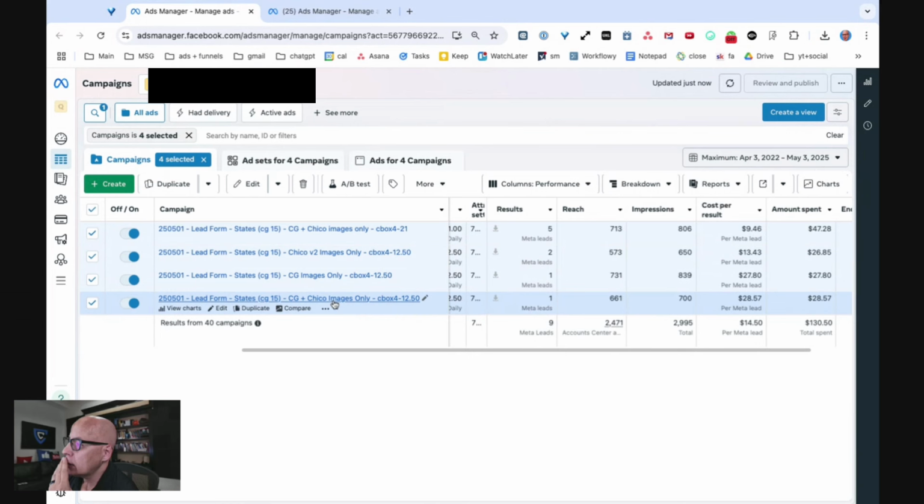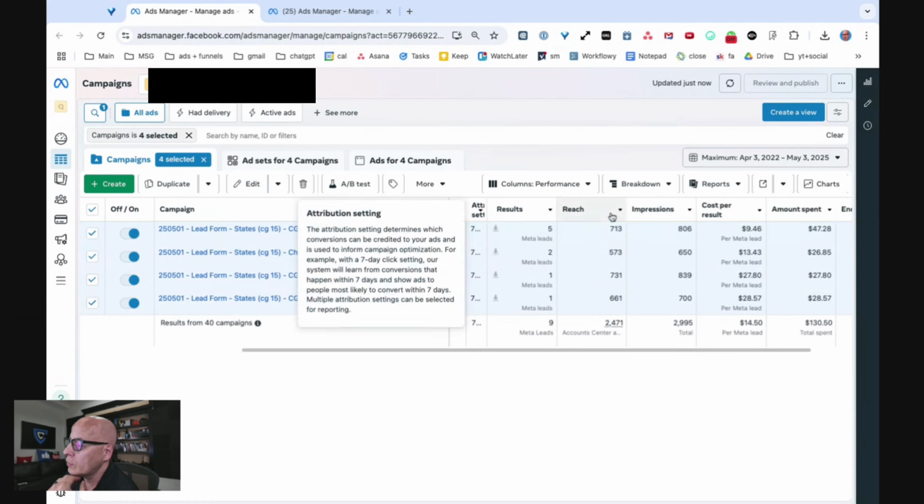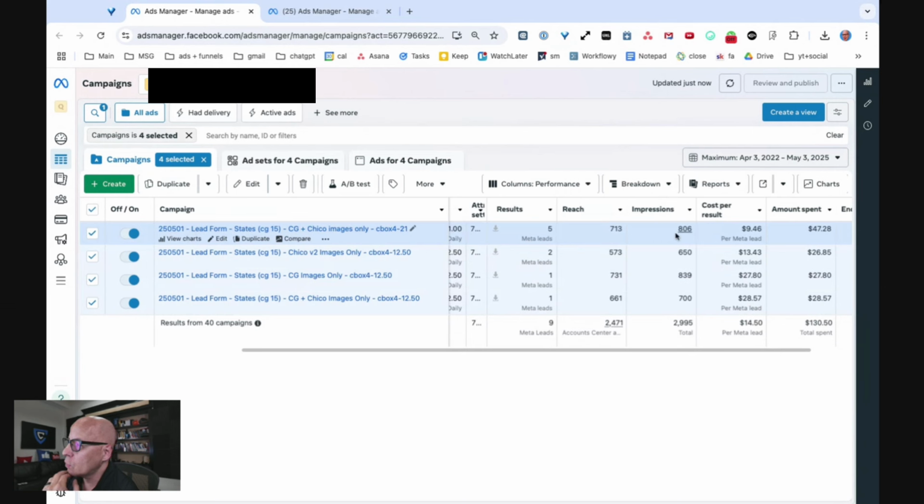So this one and this one are identically the same. All right, these two are the same. And then this one, let me see. No, let me see. Yeah, I got to dig into this one. This is only my images. And then this is images only. Got it. So this one is only images that we're advertising right now. So the images are winning.